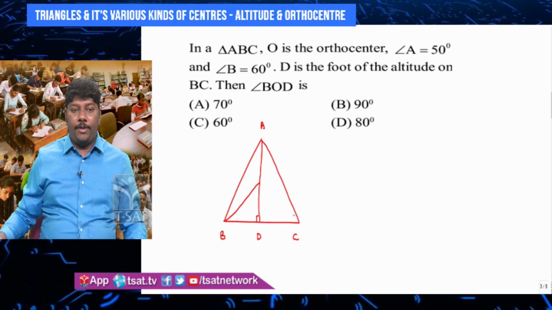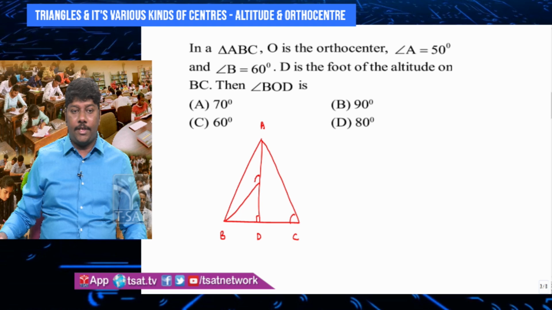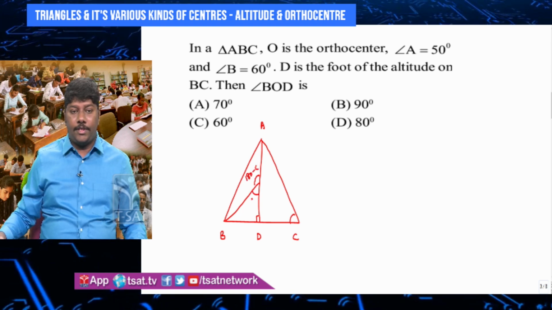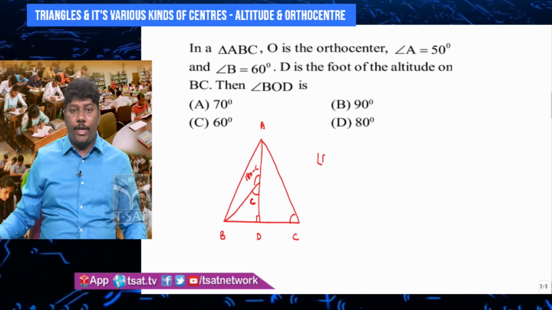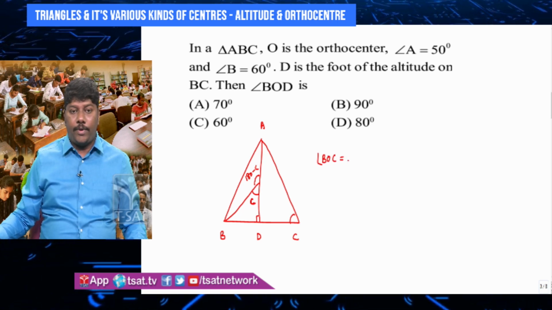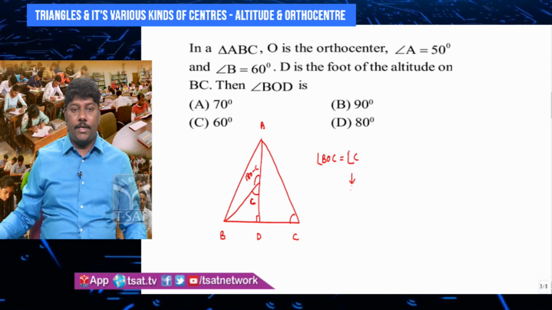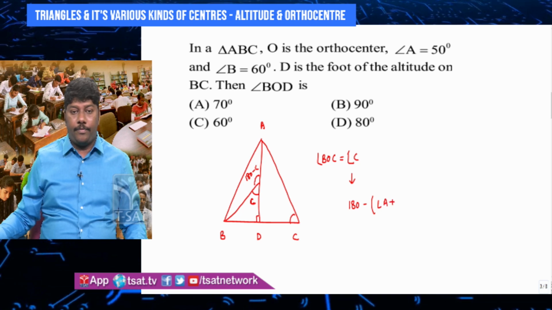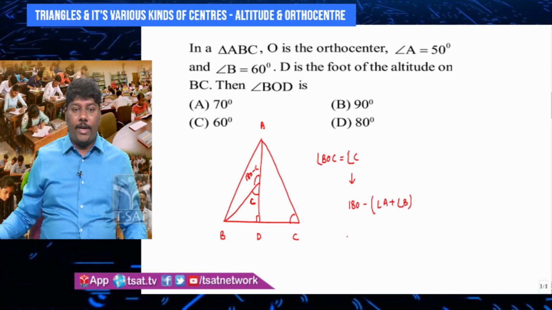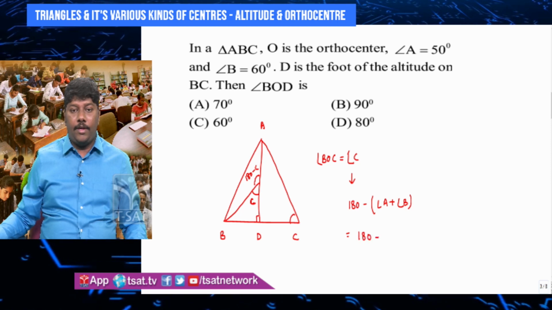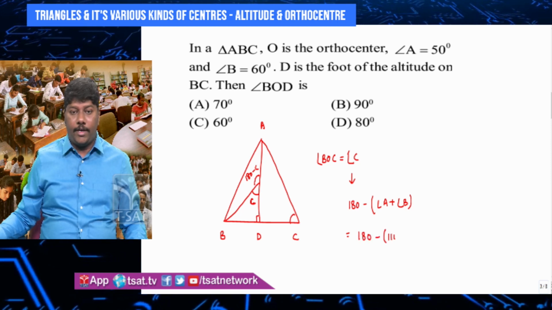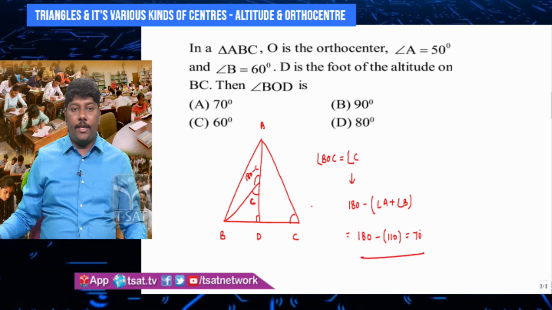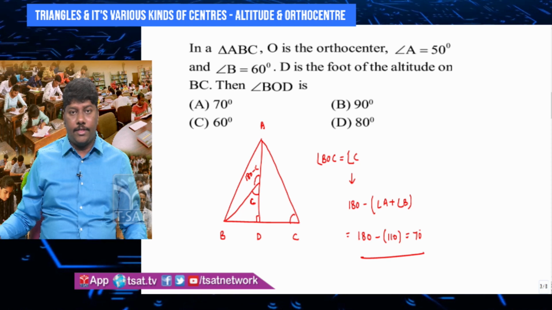Just now we have seen BOD means if it is C, this becomes 180 minus C. So angle BOD is equal to angle C. Now how do I get angle C? 180 minus angle A plus B. So 180 minus, angle A is 50, angle B is 60, therefore 110, remaining angle is 70 degrees. So the required angle BOD is the same as angle C. We have seen this in the properties just now.